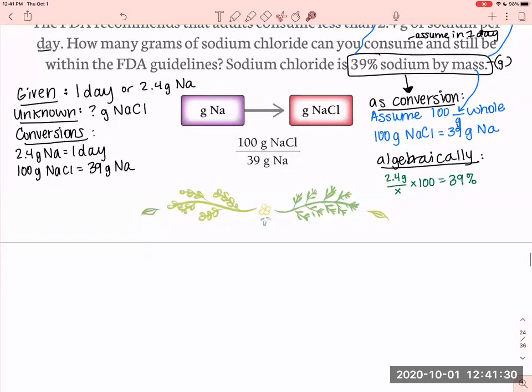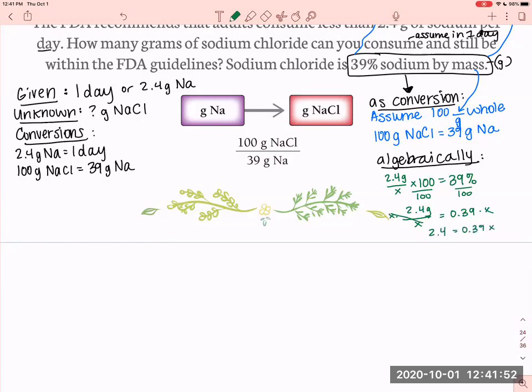And a lot of students have trouble solving for x on the bottom of a fraction. You've got to remember, we're going to divide both sides by 100 first. So we get 2.4 over x is equal to 0.39. Multiply both sides by x to get x on top.